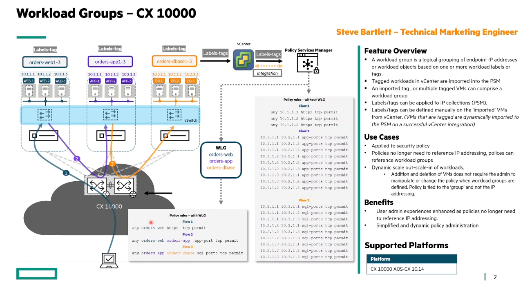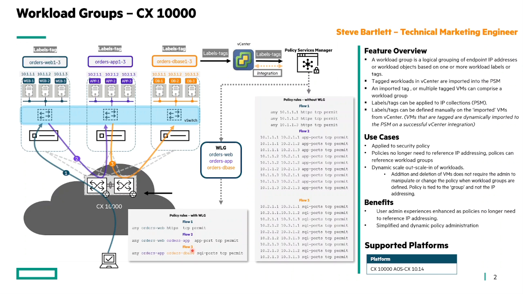If we're looking at adds, moves and changes, instead of dealing with all these individual IP addresses, we just reference our orders-web, orders-app, and orders-dbase, or just remove a tag from that particular workload group, and we don't have to change our policy at all. Very, very easy solution.